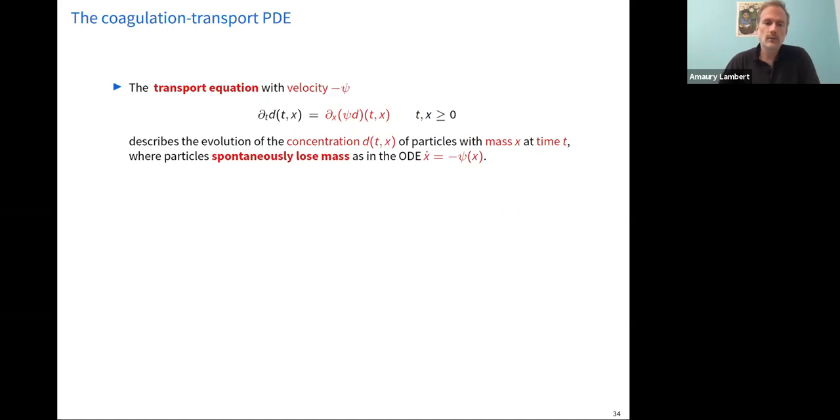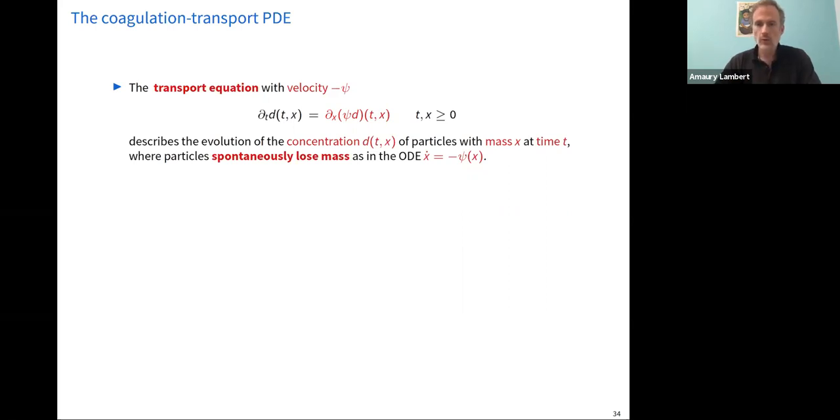Sorry, let me start this again. So this equation describes the evolution of this unknown d of t and x, which is the concentration of particles with mass x at time t, where the mass of each particle spontaneously decreases as the solution to x dot equals minus psi of x.